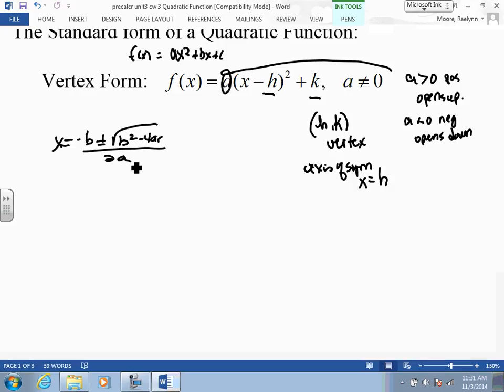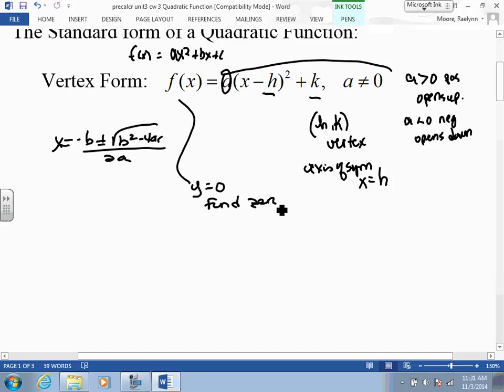If you do this vertex form, we're going to find your roots so much easier because this side, your y, is set to 0. So from this, we can find your zeros, your roots, your solution. We'll be able to find all that a lot easier than your quadratic formula.